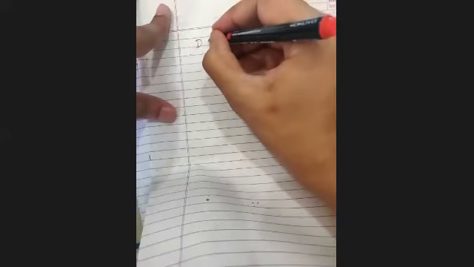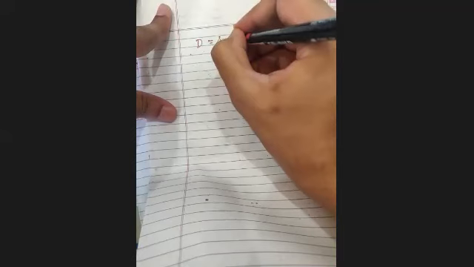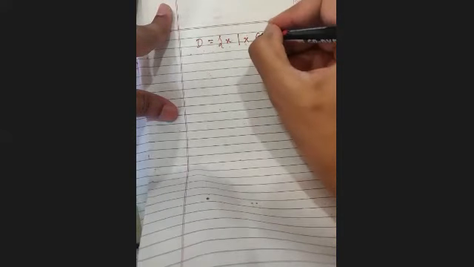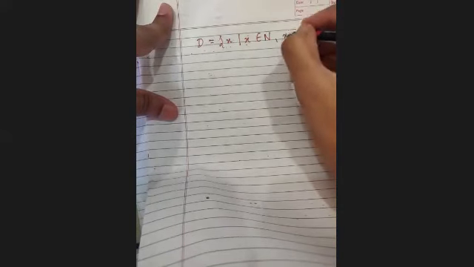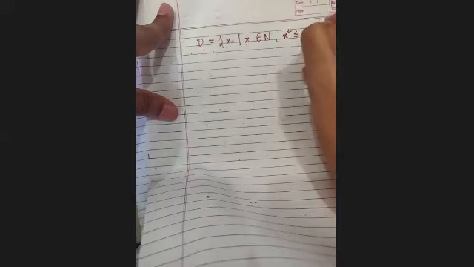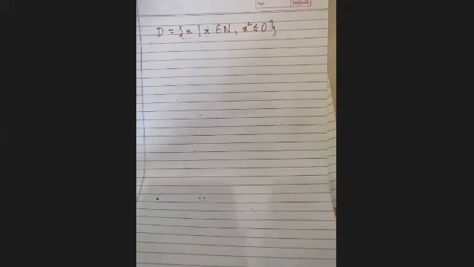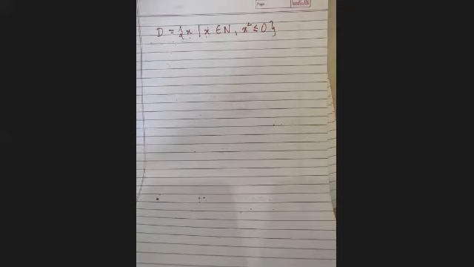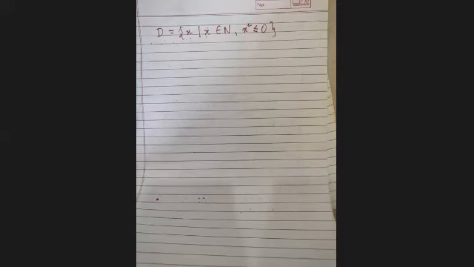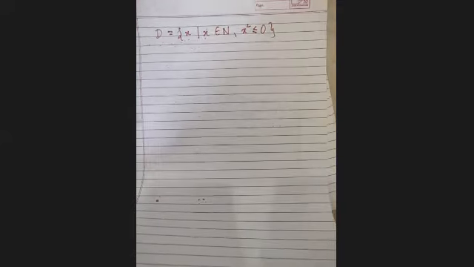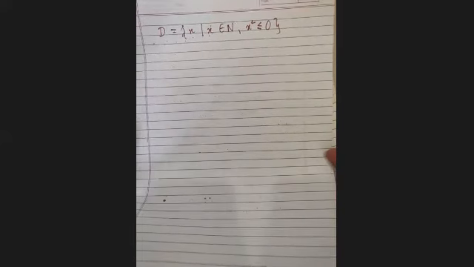D is equal to the set of X, X belongs to. Can you read this one for us? D is a set of all X such that X belongs to natural numbers and X square is less than or equal to 0.